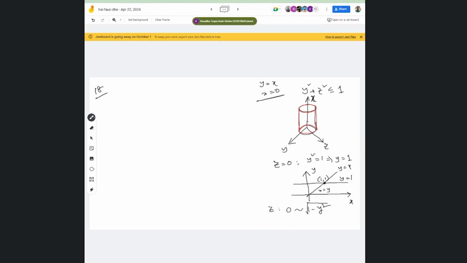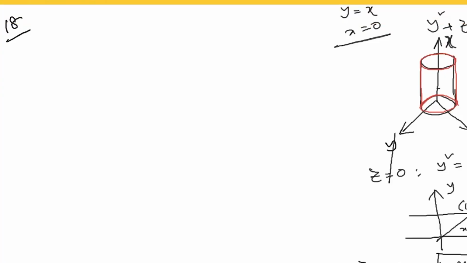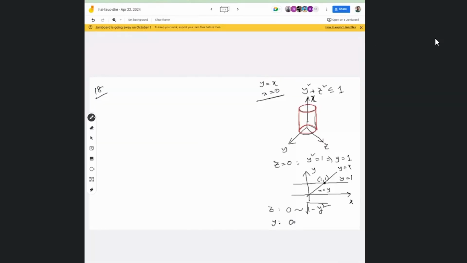Then what will the value of x be? x goes from 0 to y, and the y limit would be from 0 to 1. The limit of x here is from 0 to y, since the region is bounded by the line y equal to x.